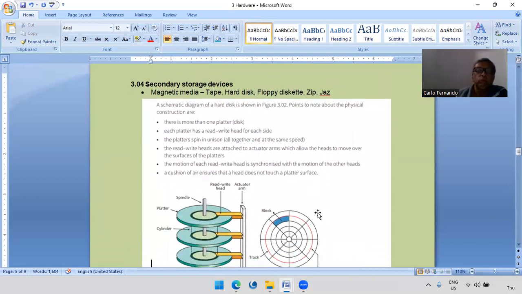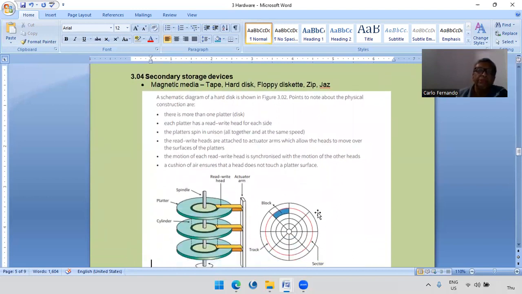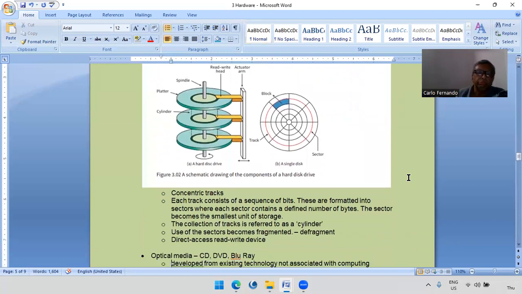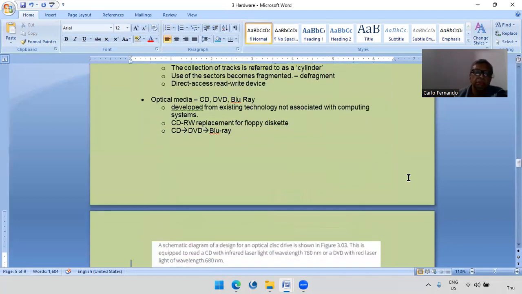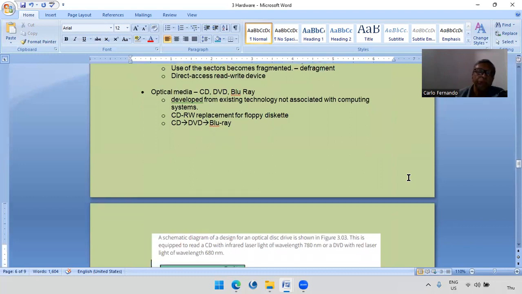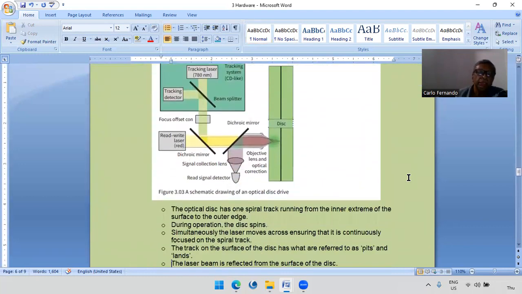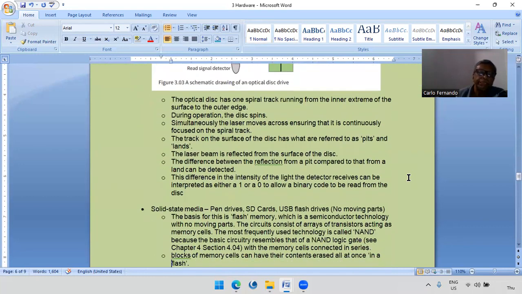Now we come to secondary storage. So you have magnetic media, that is tape, hard disk, floppy diskette, zip, and jazz. And then you have DVD and Blu-ray, and the solid state media.